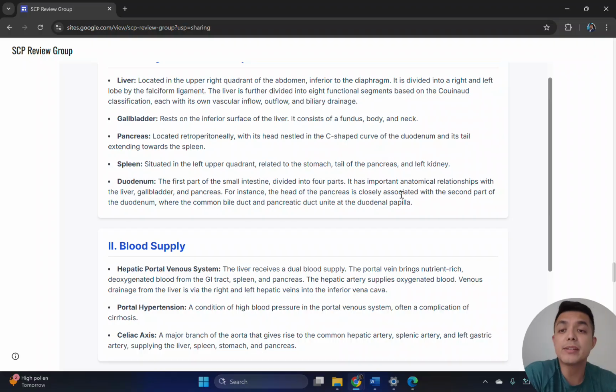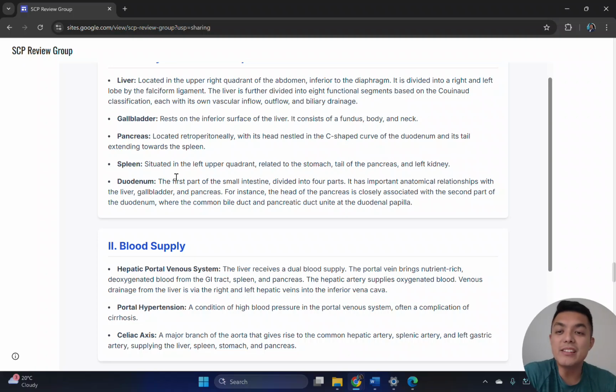Next is the pancreas. This is located retroperitoneally with its head nestled in the C-shaped curve of the duodenum and its tail extending towards the spleen. The very elusive pancreas.